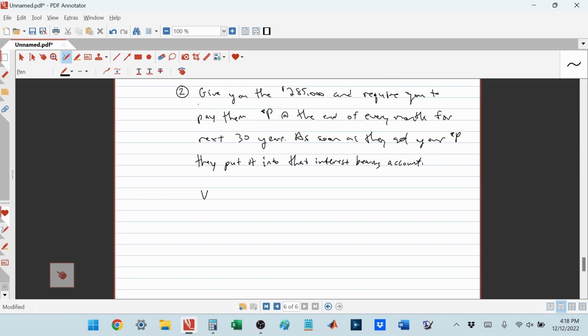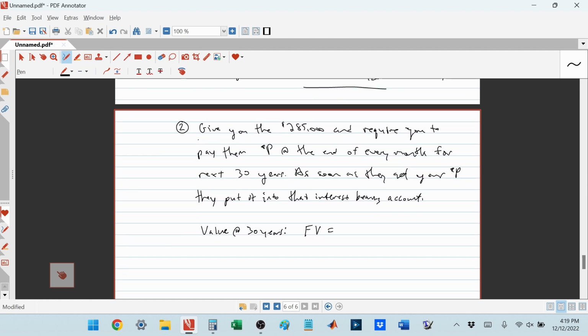And so the value after 30 years of that account is now the future value of an ordinary annuity, right? Because they're getting your P at the end of every month, they're putting it into an interest-bearing account.